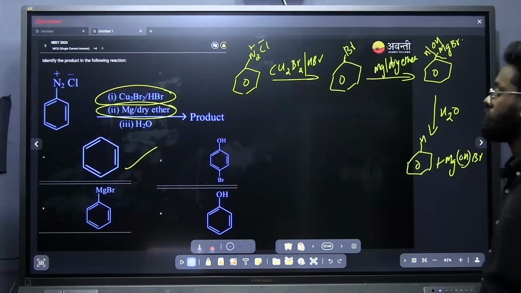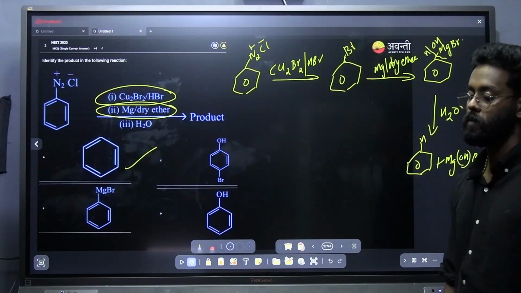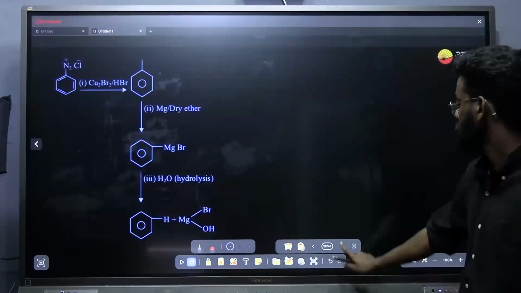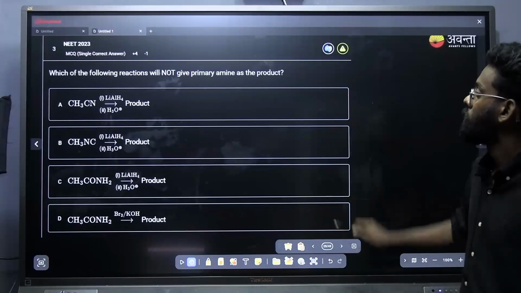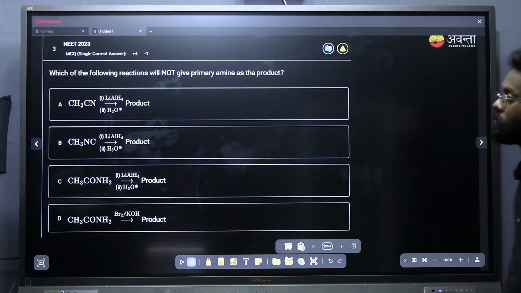Are you all clear with this question? Shall we move to the next? Or any doubt anybody is having? Okay, we're moving on to the next question. Give me the answer for this one. Which of the following reactions will not give primary amine as a product? We don't want primary amine, we want secondary or tertiary amine. That's the question.